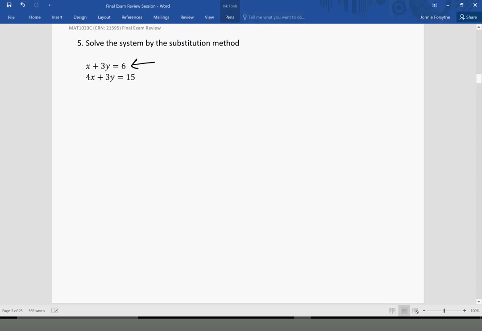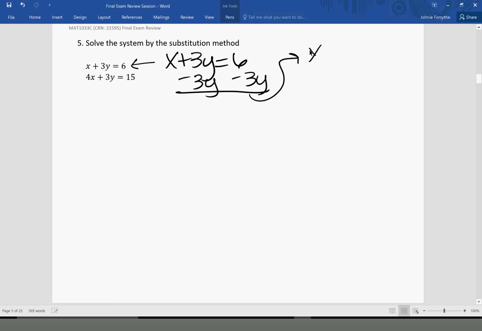So I'm going to start with this first one because it's already almost got a variable by itself. If I have x plus 3y equals 6, if I subtract 3y, then I will solve for x and have x equals negative 3y plus 6.